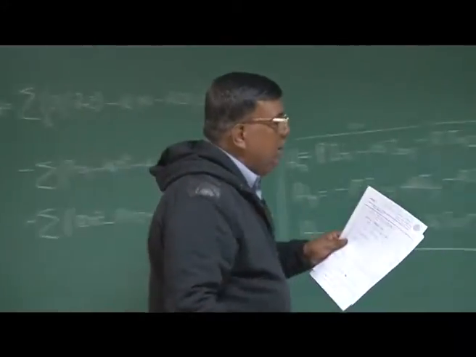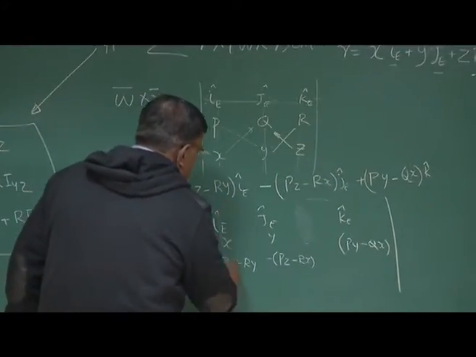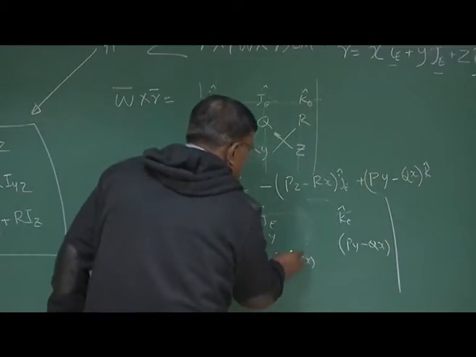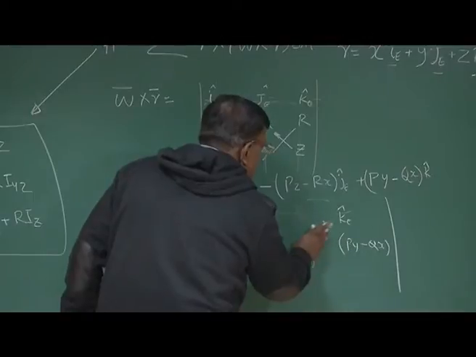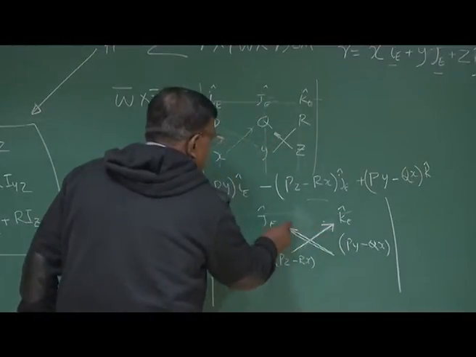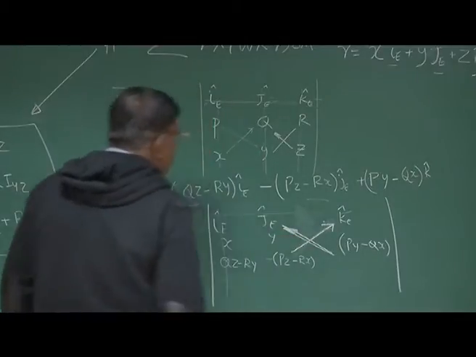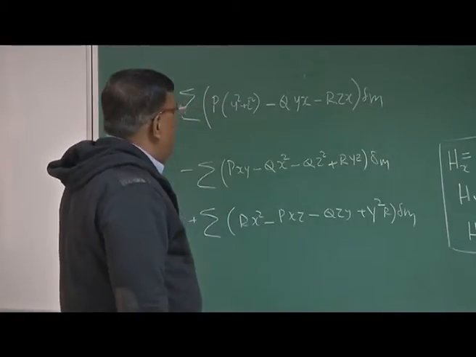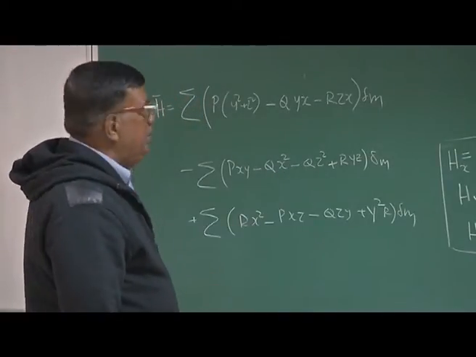Clear? For example, if I take the first term, this is the I component, and it is this into this, minus this into this. That is the procedure. Immediately you can see you get P y square here, right? So accordingly you can develop the rest.